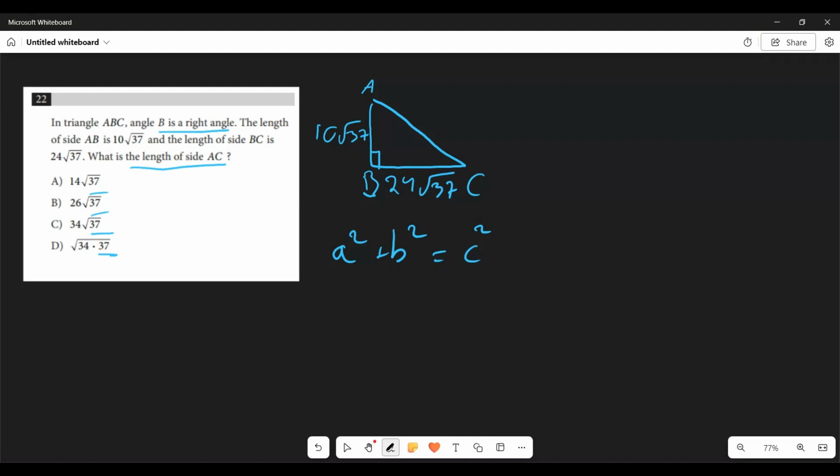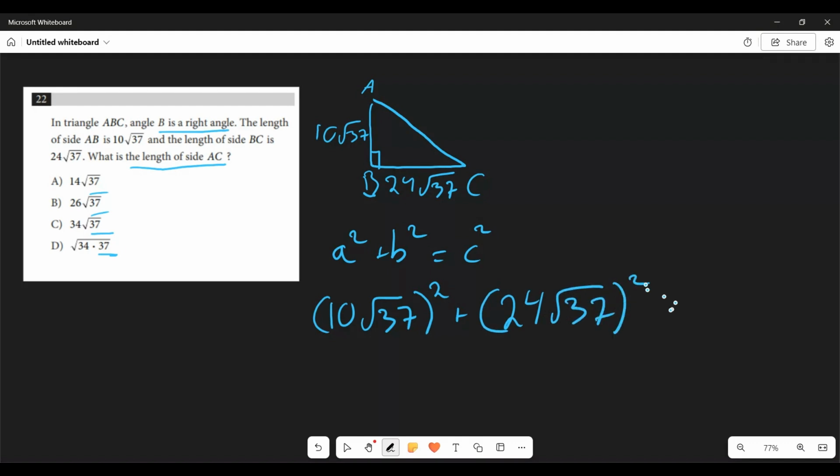We're going to first plug in our values. So 10 root 37 squared plus 24 root 37 squared is going to equal c squared. And remember, c is just the hypotenuse, so that would be this length AC.